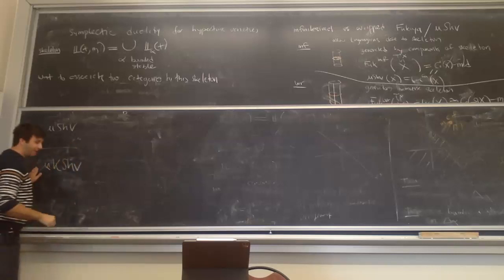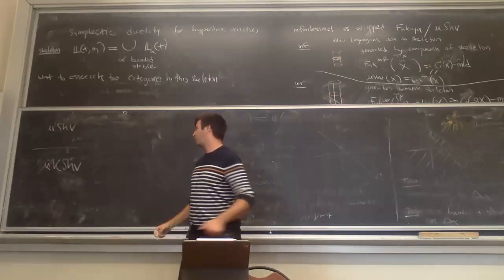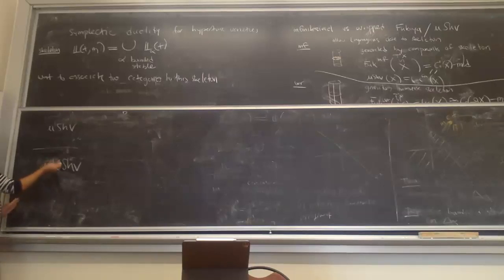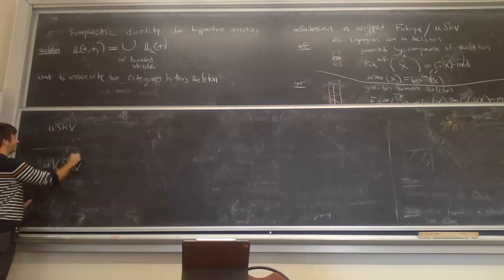This is a thing that has never appeared, and in fact it doesn't quite appear in our paper. It would have been a bunch of work to make this precise when we could just work with something a little bit more concrete. But let me roughly tell you the idea, and really I'm only interested in the infinitesimal versions.